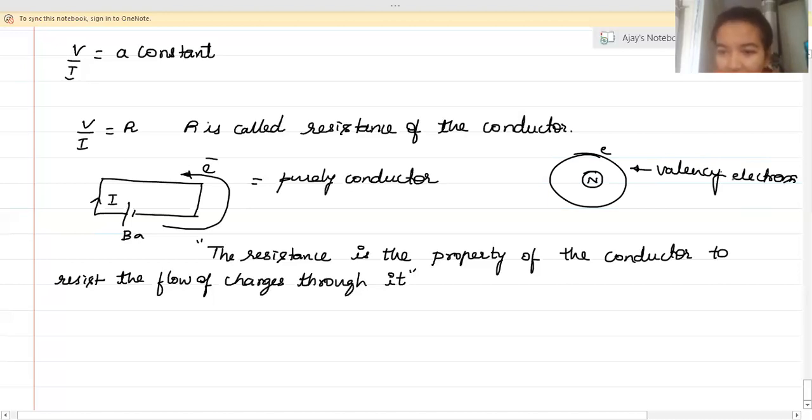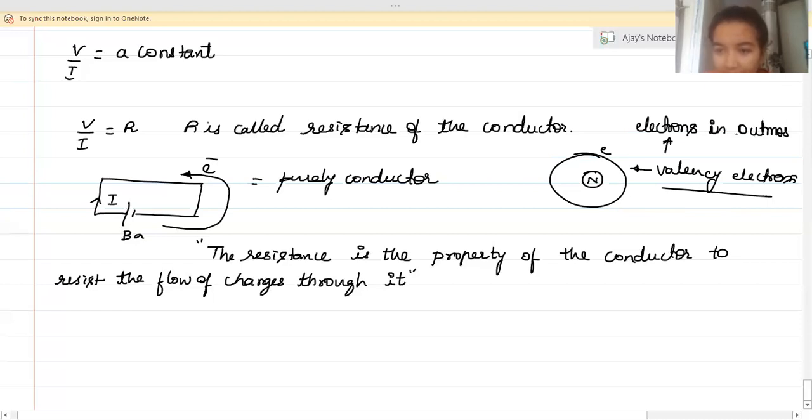What are valence electrons? The electrons present in the outermost shell.